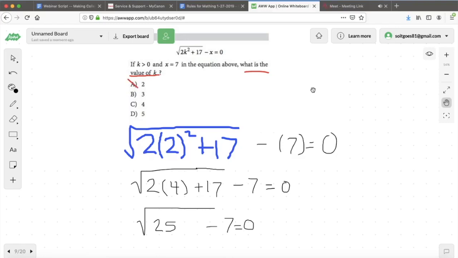Let's plug in the other answer choice. I'll just erase that 2. Looking good.